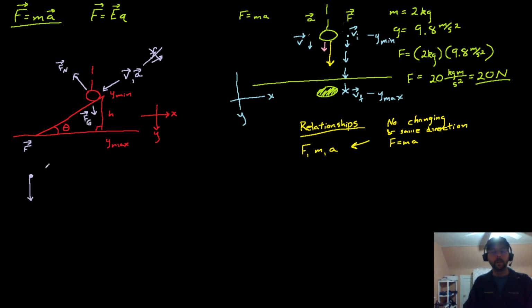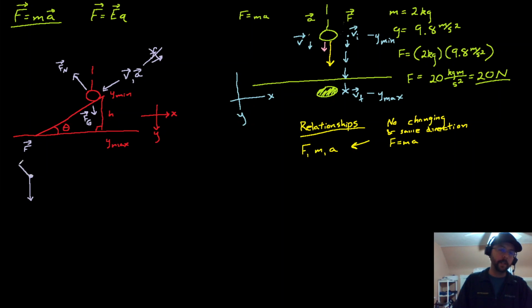Now, the normal force is the force that's perpendicular to the surface, and it represents whatever chemical bonds or whatever is going on inside that object to keep the ball from just pushing through the object, so that the object is acting like a solid object. Technically, the force would be between the two objects pushing against one another, the force of the ball and the force of the board of the top of the plane.